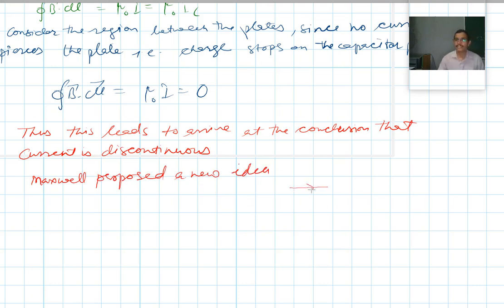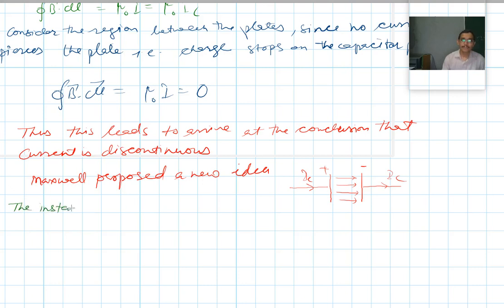What is that idea? IC current is passing through, and say this is a capacitor having a positive charge here and a negative charge here, and this is the direction of the electric field inside it, and then current IC will be coming out here. So let us go back to the capacitor.